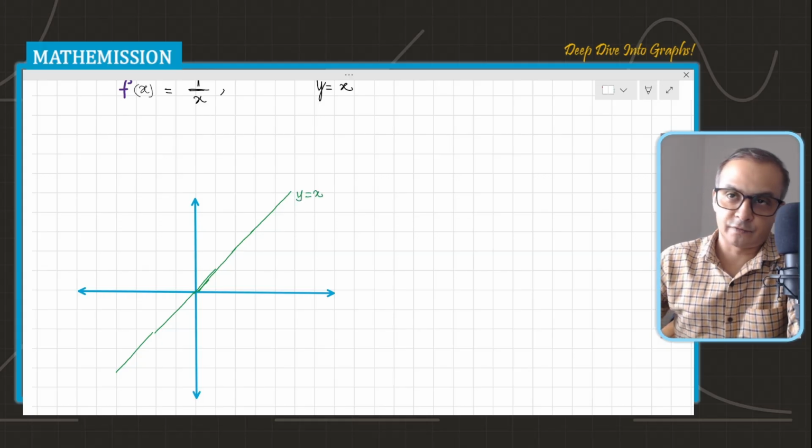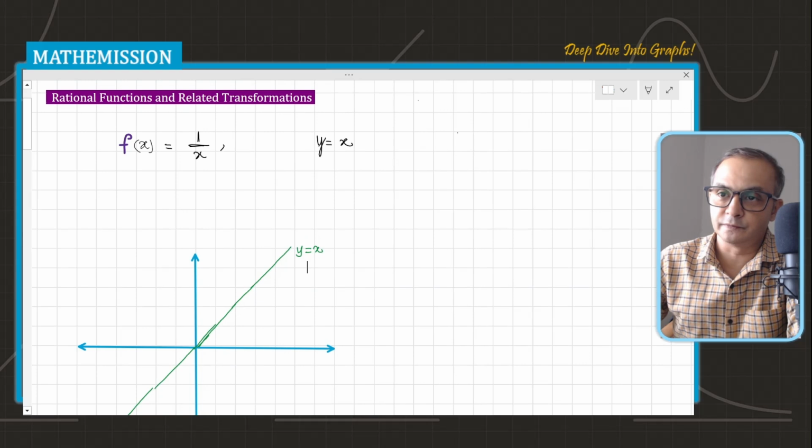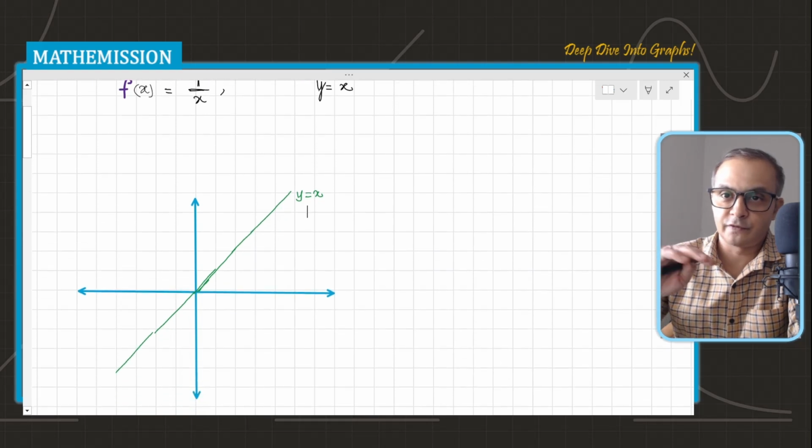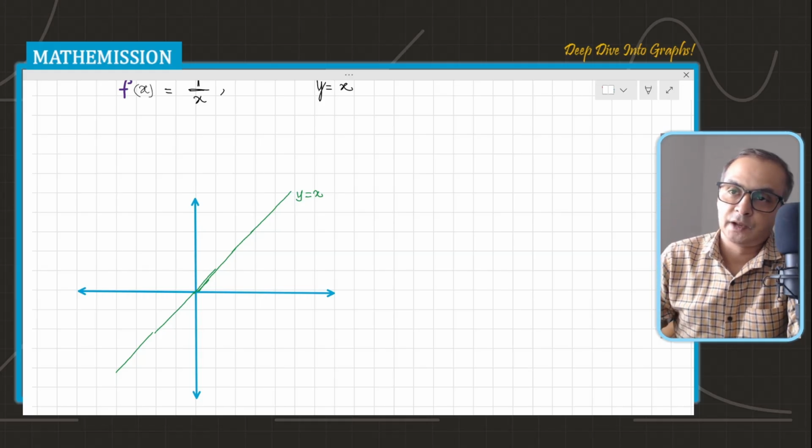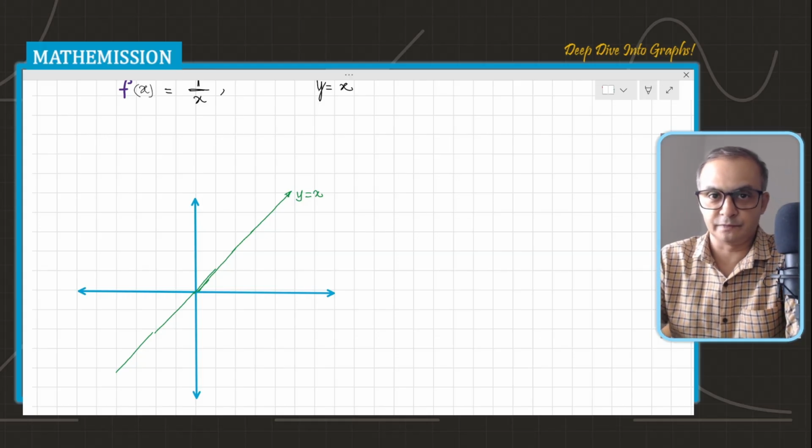Now to draw the graph of the reciprocal of any function, we have to just invert the nature of the given function. Here, inverse doesn't mean that the inverse function is the reciprocal in nature.